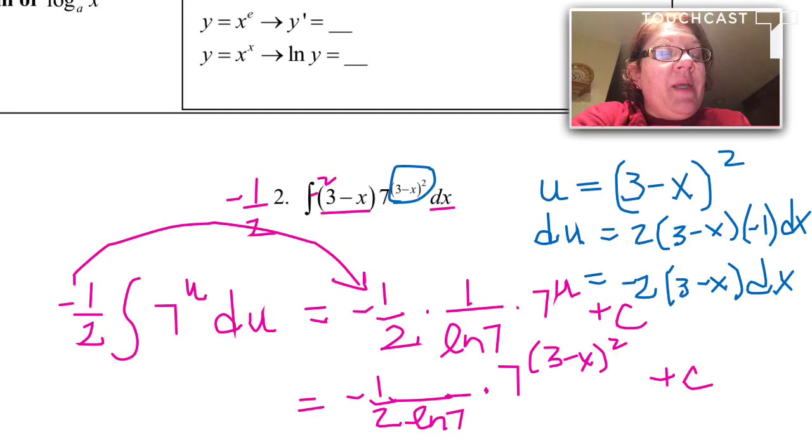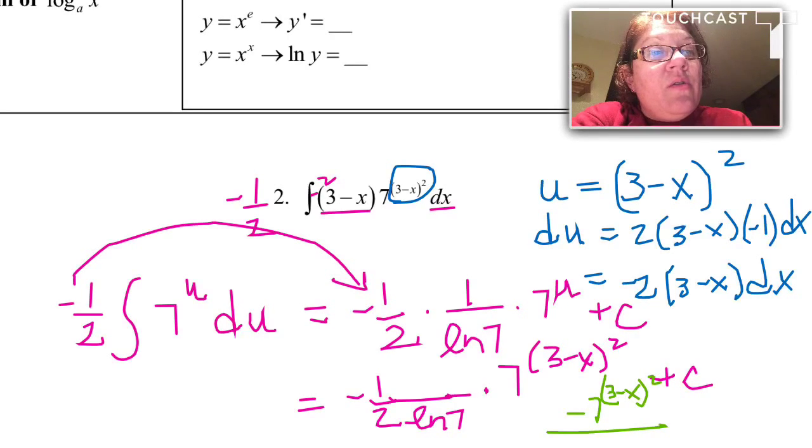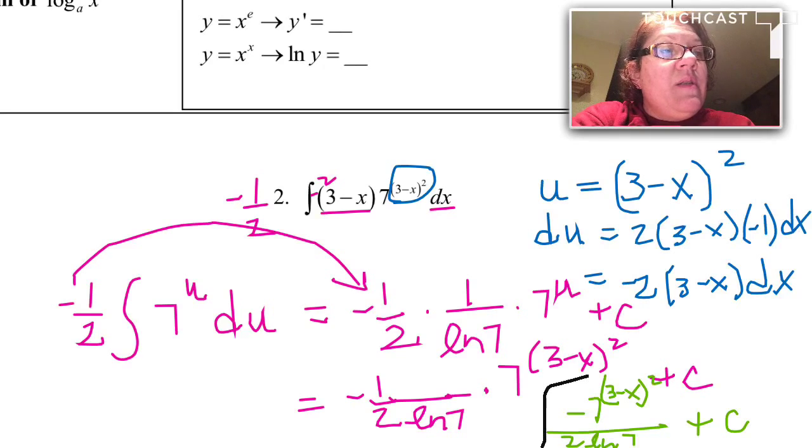And of course, if I want to make it look like one big fraction, that becomes the top, and the 2 natural log of 7 stays on bottom, and still plus my vitamin C. Not so bad.